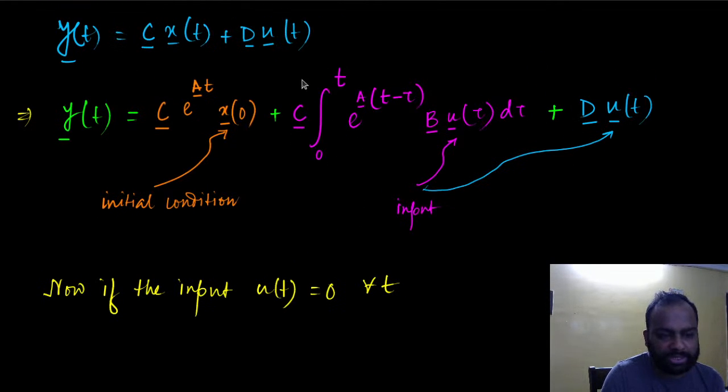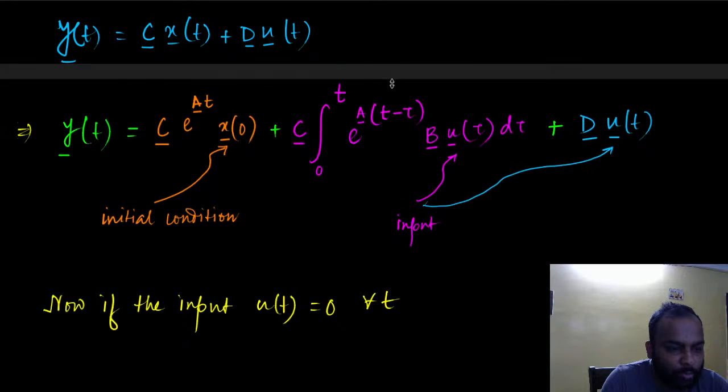If I am not giving the system any input, then what is the output of the system? The question is, can the system produce some output even if there is no external input? This u(t) is the external input. If I make u(t) 0 here, do I still have any output?